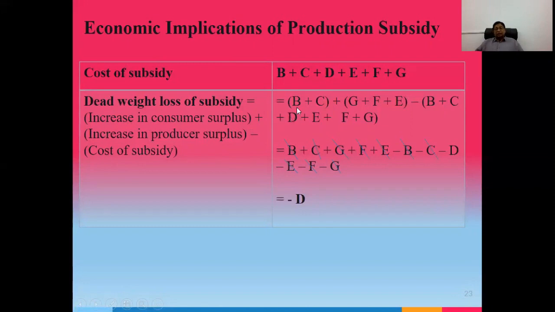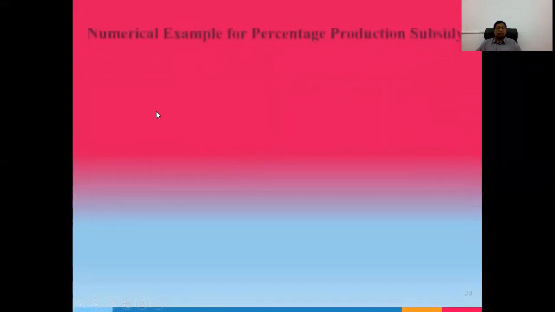Increase in consumer surplus is given by G, F, E. Increase in producer surplus is given by B, C. Then you can reduce the cost of subsidy, B plus C plus D plus E plus F plus G. When you cancel out positive terms with negative terms, you will get minus D as deadweight loss of subsidy or social cost of subsidy.